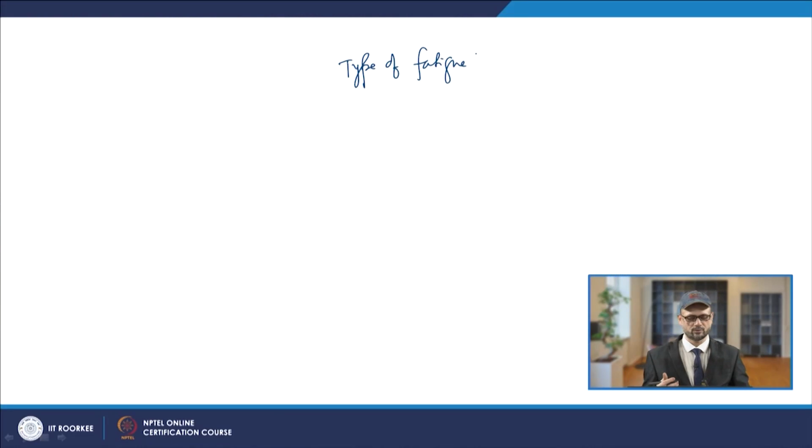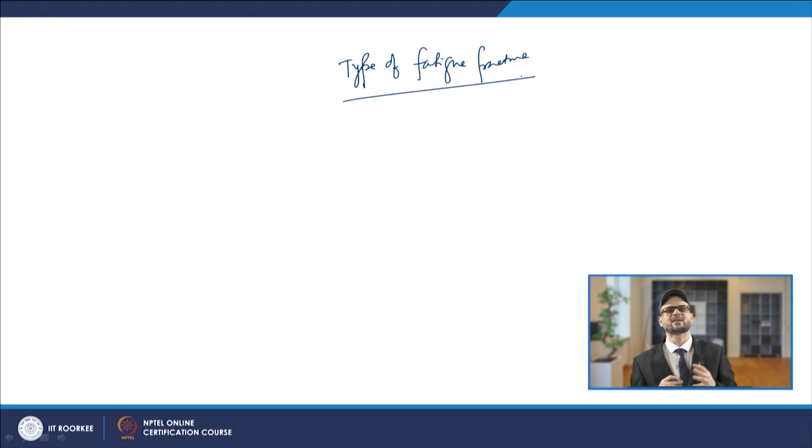Now, we should also know about the types of fatigue fracture. In case of fatigue fracture, as we have discussed, you have cyclic loading, and normally the component fails in terms of the number of cycles it has sustained.